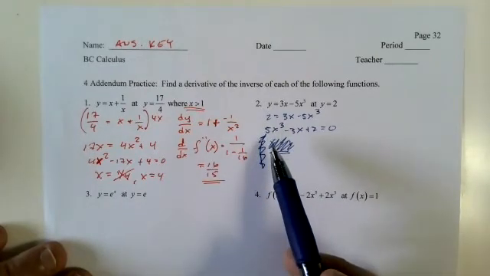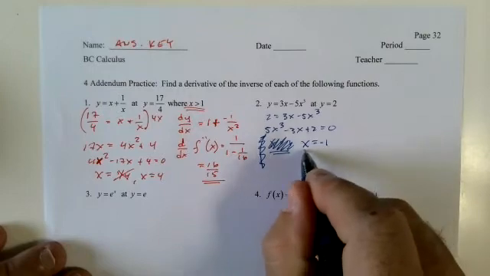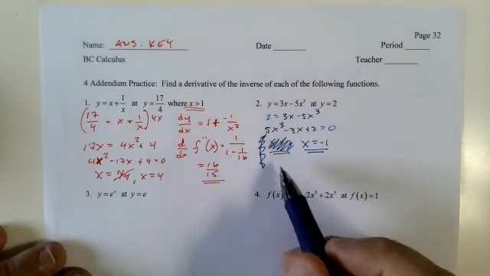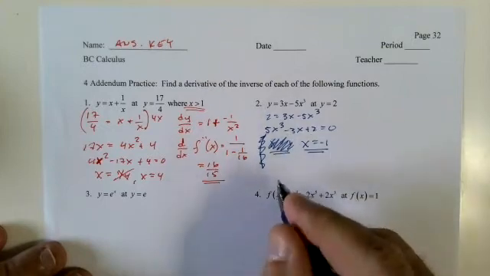So about -1. Yep, this works. So by inspection, my favorite math thing in the world, -5 plus 3 plus 2. Okay, there we go.